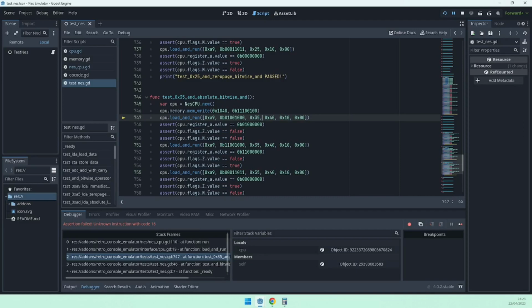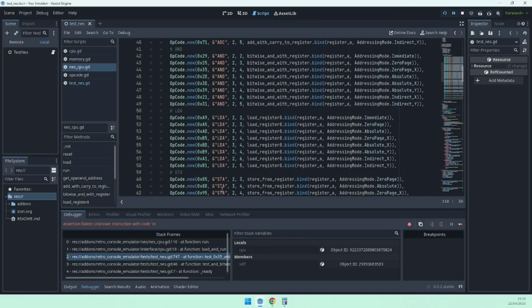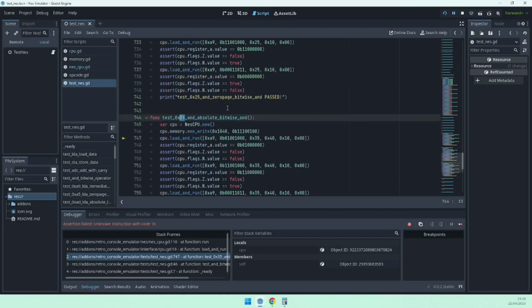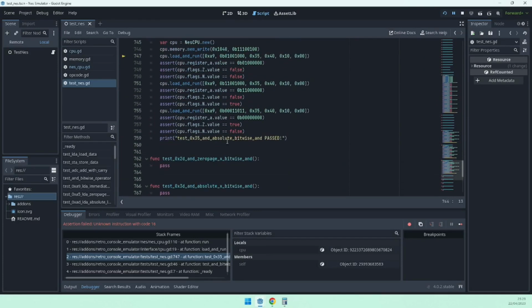How does this work? Maybe 35 is not absolute? Oh, zero page X. It's not absolute. Where is my zero page X?